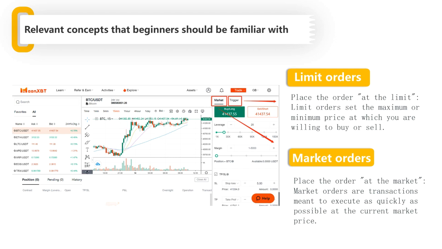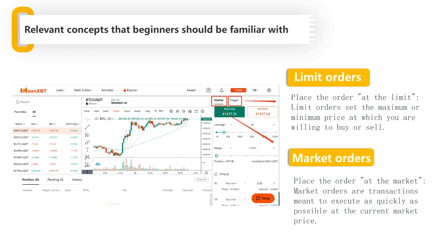Limit orders means placing the order at the limit. Limit orders set the maximum and minimum price at which you are willing to buy or sell. Market orders means placing the order at the market.